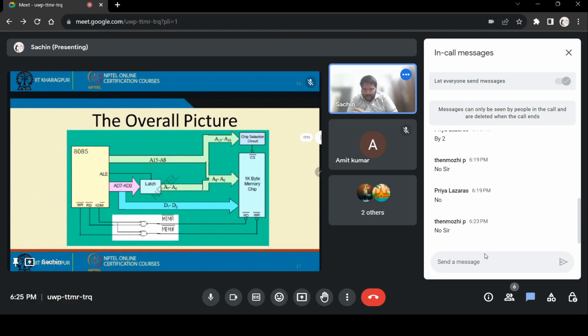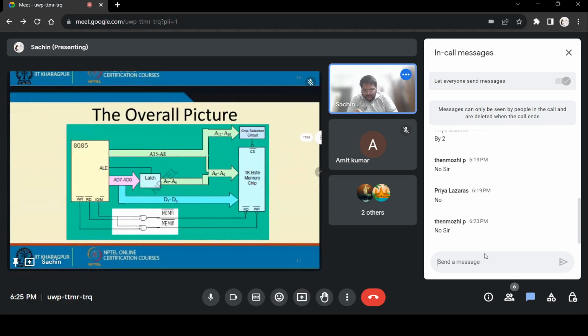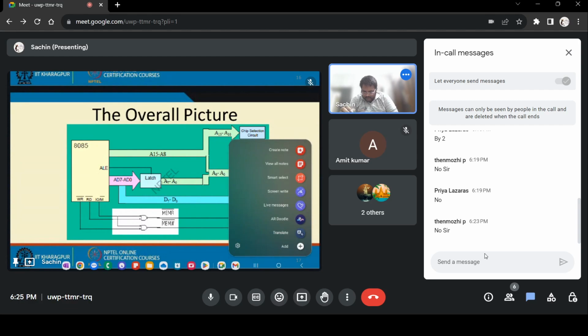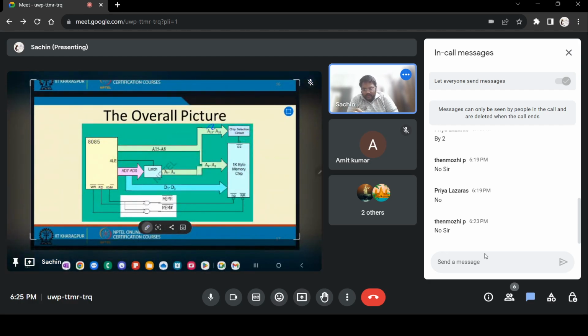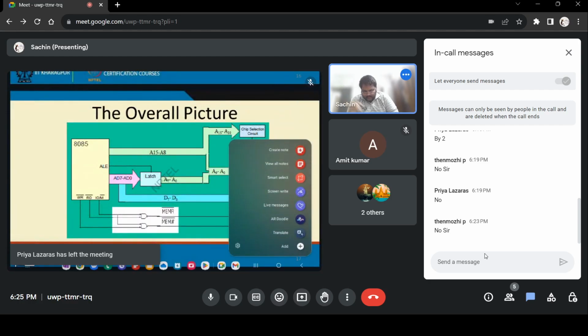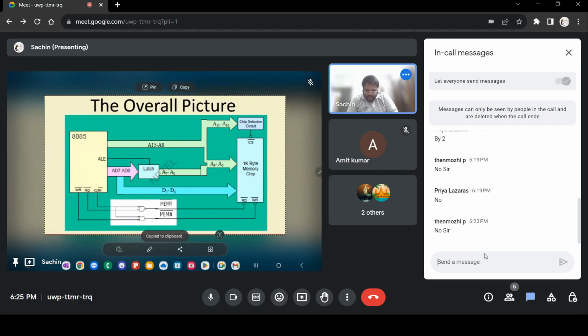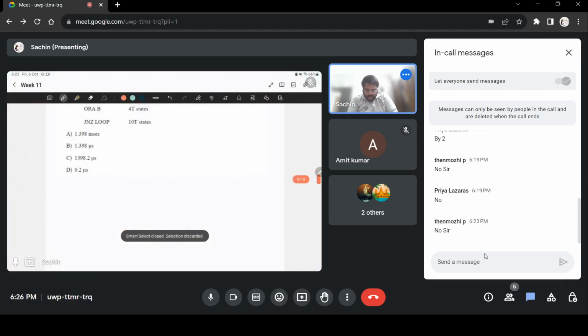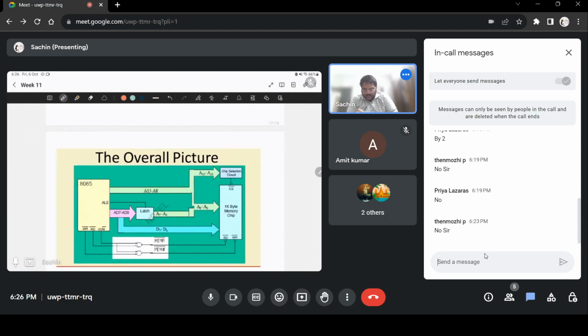So some of the bits are used. See here, these bits are used as chip selection circuit, and these bits are used to access the actual address.